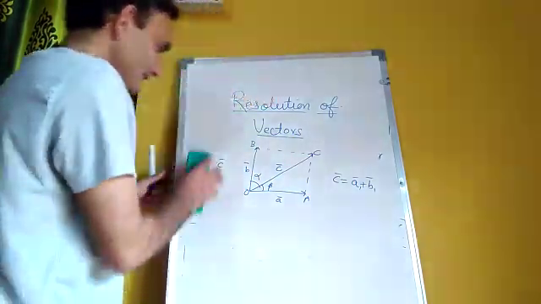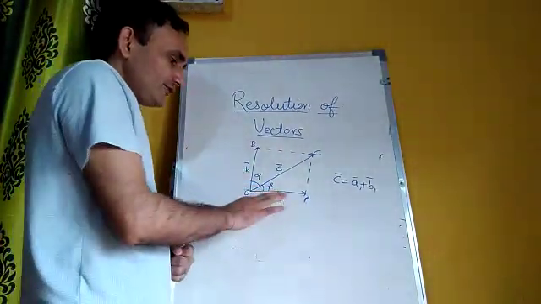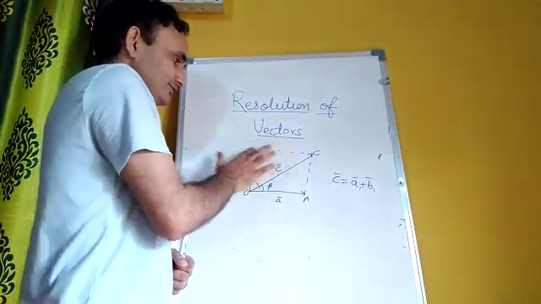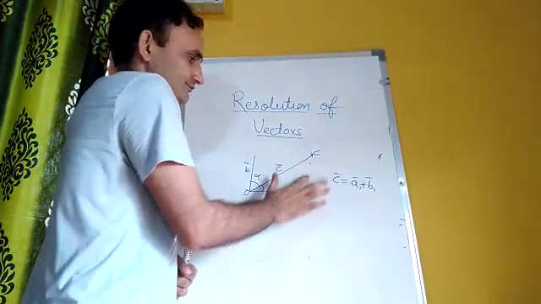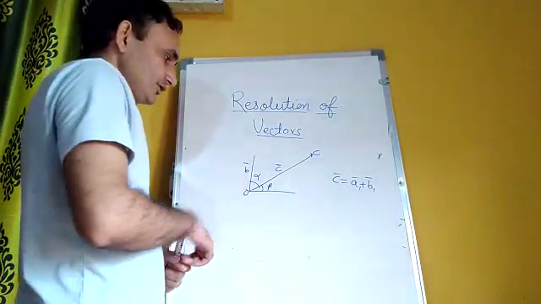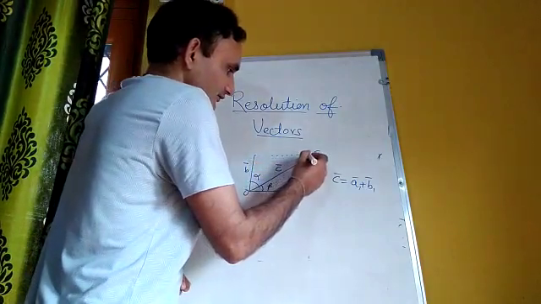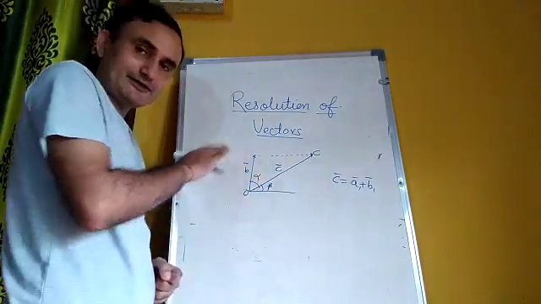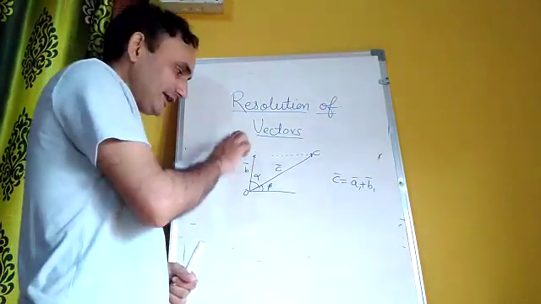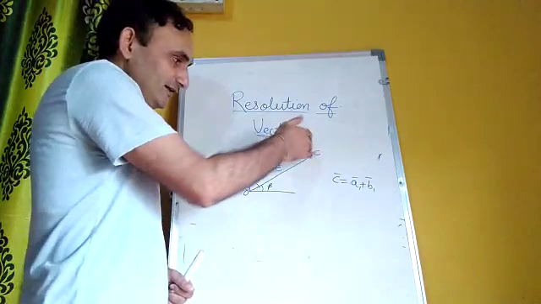I don't know the length of A and the length of B, and one length we can choose. We can choose any length of A and B, but once we have chosen the length of one, the length of the other vector will be decided by the parallelogram.